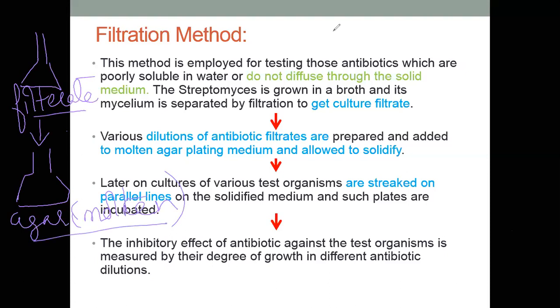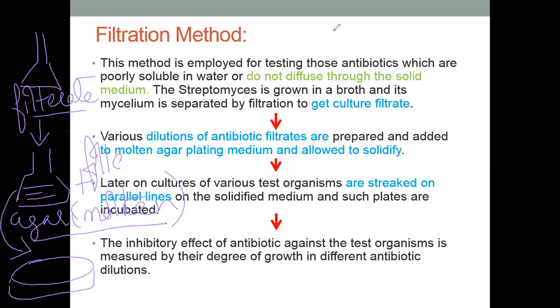Now this agar medium is liquid, and then you're going to take a petri plate and start pouring your molten agar plus the filtrate that you've just added, right? And now this media will solidify, and this media would be containing an antibiotic that Streptomyces was producing, right?